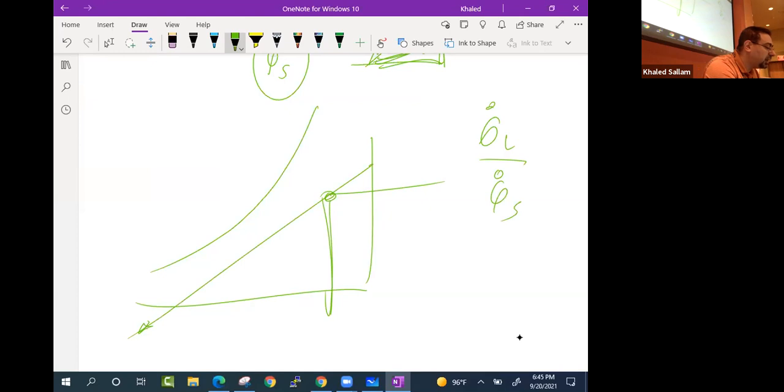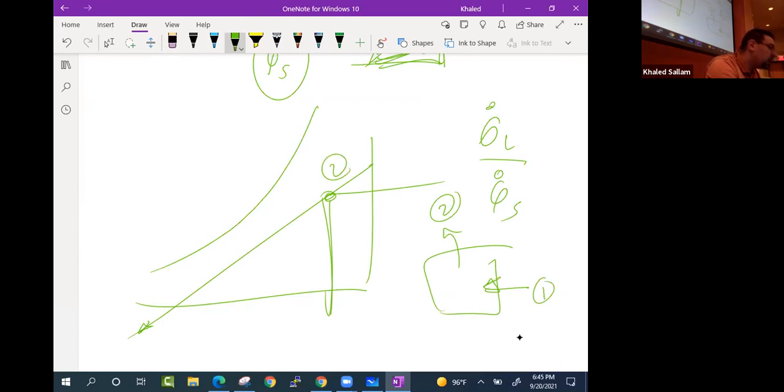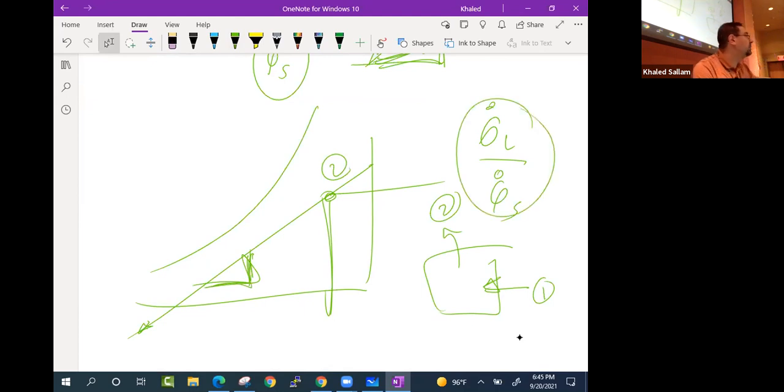This is the exit, this is what will leave. Let's call it 2. And 1, the inlet, should be along this line. How did I know that? Because the slope is exactly my slope.